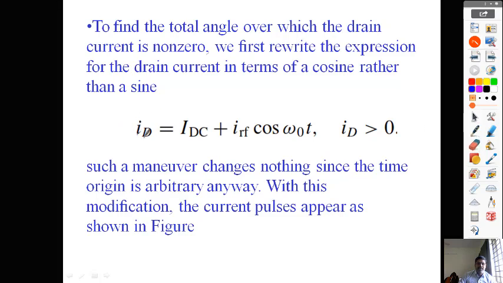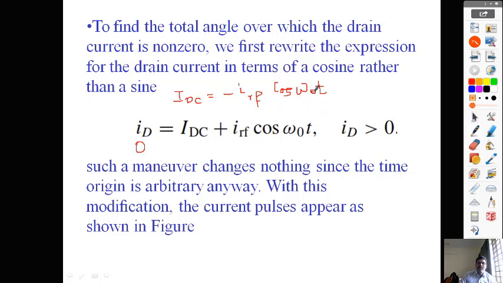So when we set the current to 0, ID is 0. Now IDC equals minus IRF cos omega naught t. And omega naught t is called theta.